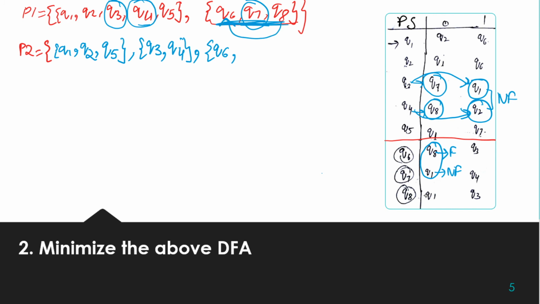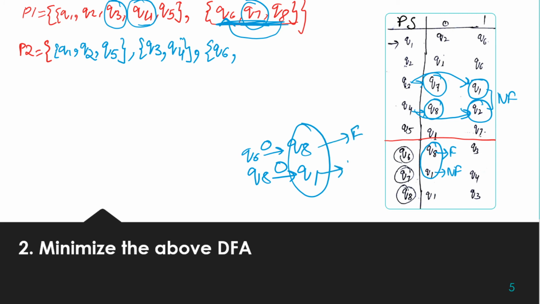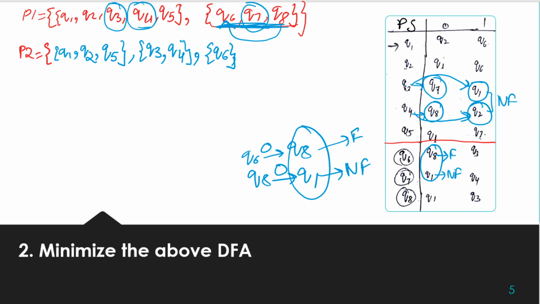From Q6 we are moving to state Q8 and from Q8 we are moving to state Q1 for input symbol 0, and Q1 and Q8 are part of different groups in the previous partition. So Q8 is also not compatible with Q6. So the Q6 group is closed here. Q7 and Q8 are not placed with Q6 in the new partition.